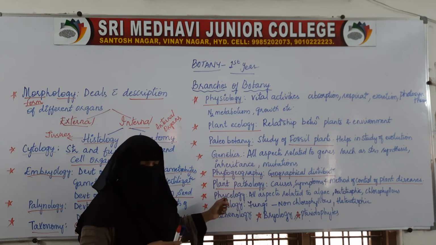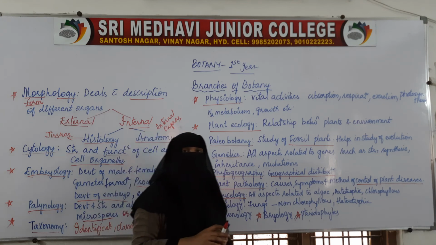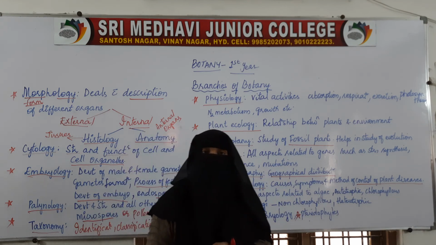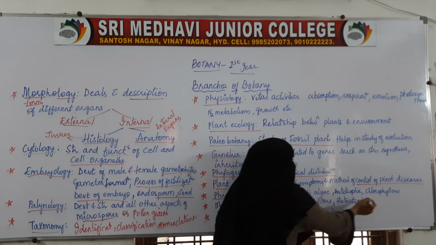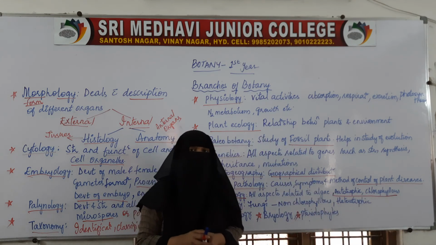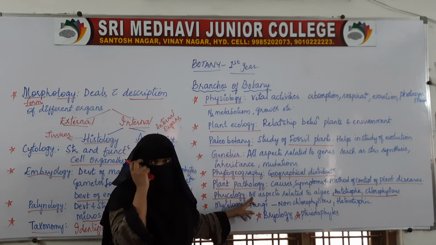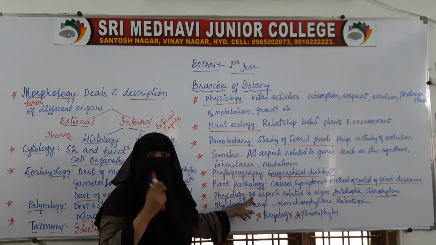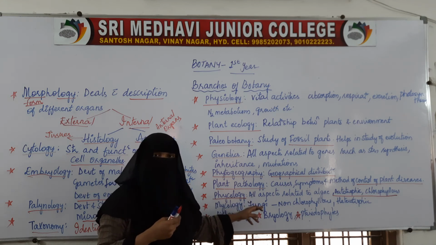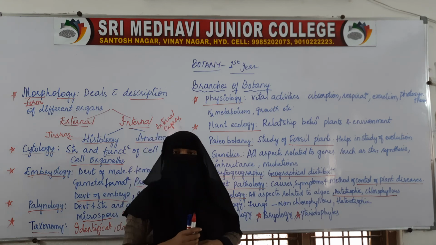Next is phycology, the study of algae, that is the study of autotrophic chlorophyllous thallophytes. The kingdom Plantae is divided into many groups: algae, bryophytes, pteridophytes, that is thallophyta, bryophyta, pteridophyta, gymnosperms, angiosperms.